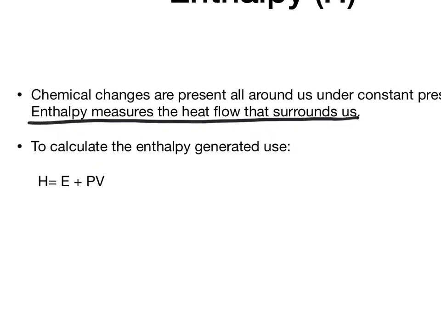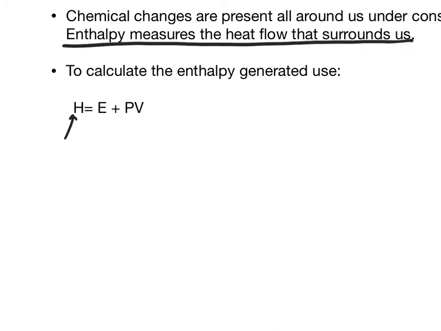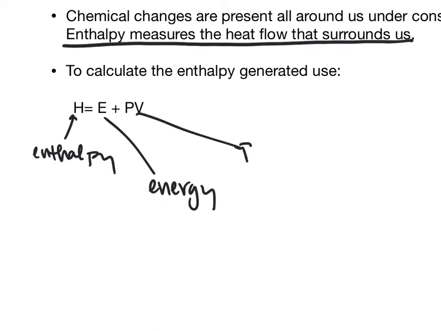To calculate the enthalpy, we generally use H, which is the enthalpy, equals the energy plus pressure volume. So in this case, enthalpy is H equals E plus PV. Now, you might remember that I said that energy can't be calculated at a specific time.